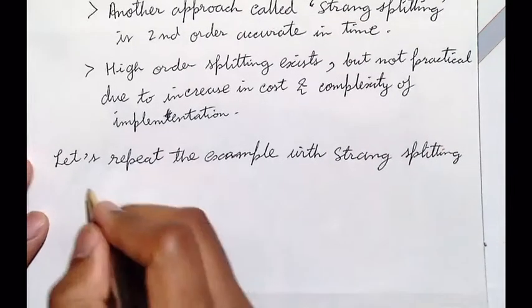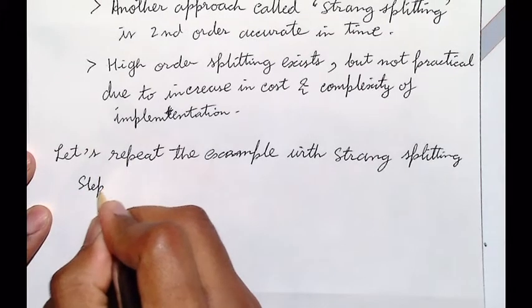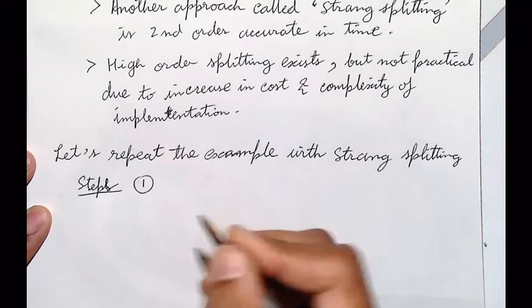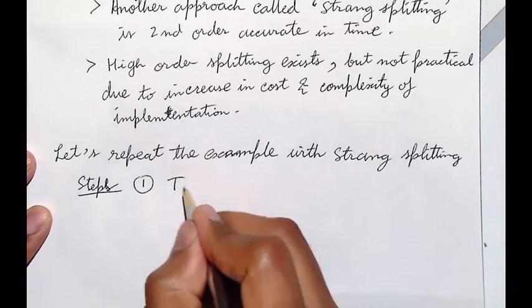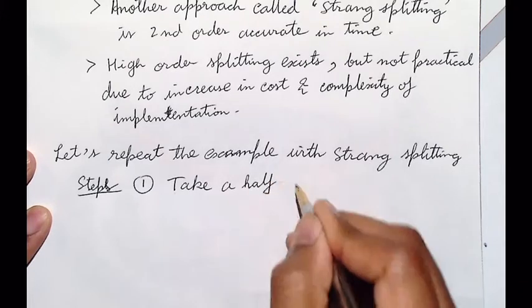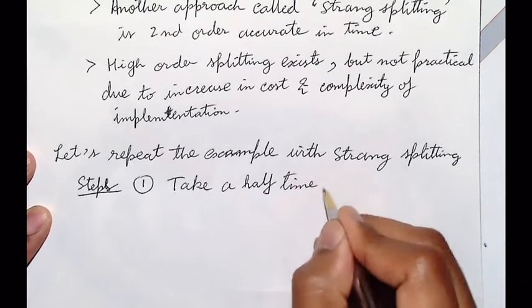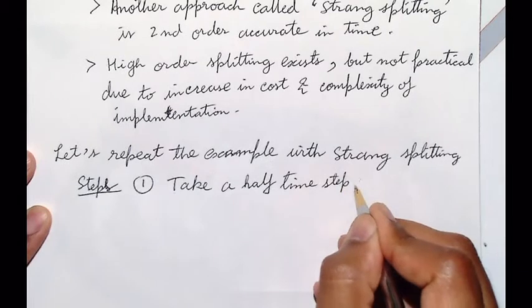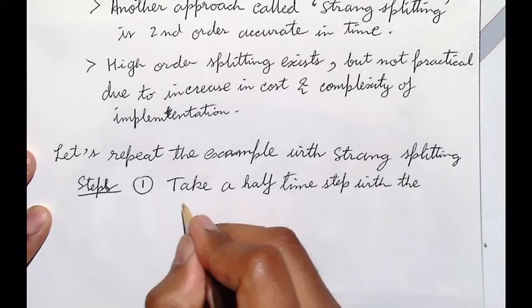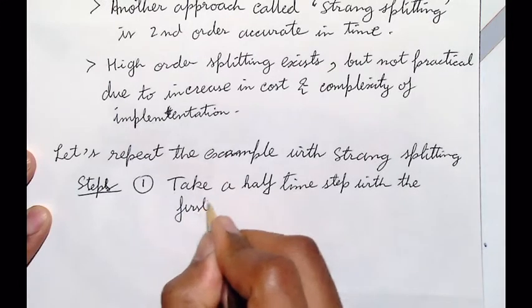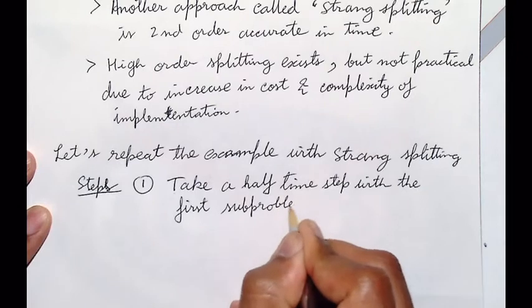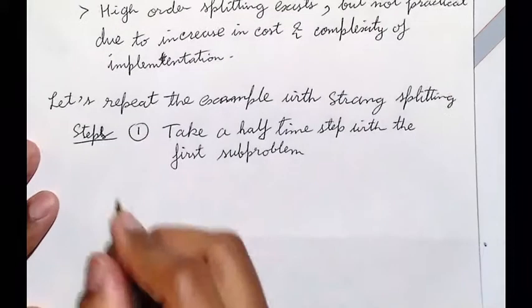And the steps in strand splitting are: first, you take a half time step with the first subproblem.